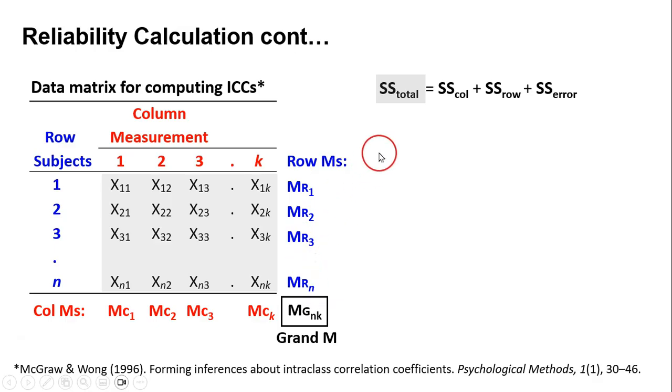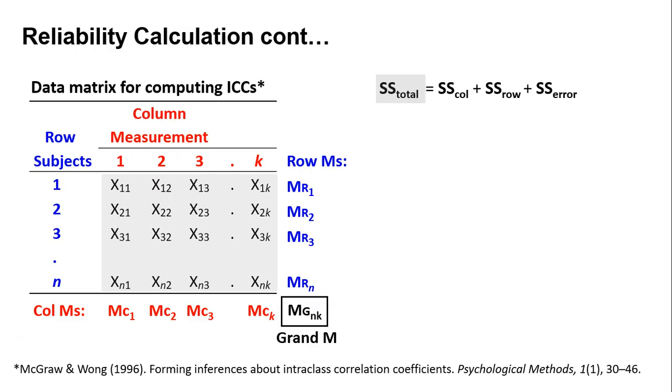If you do that, you get the sum of the squared differences of each score in your data set from the grand mean. That gives you a value that would represent the total variability in your data set.